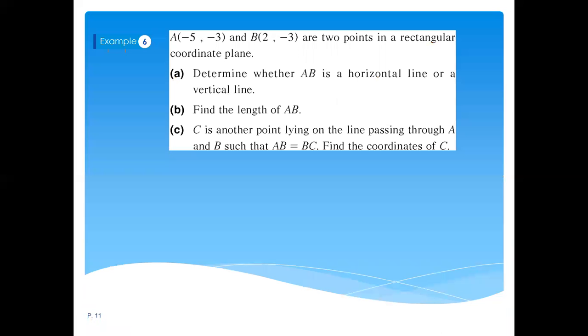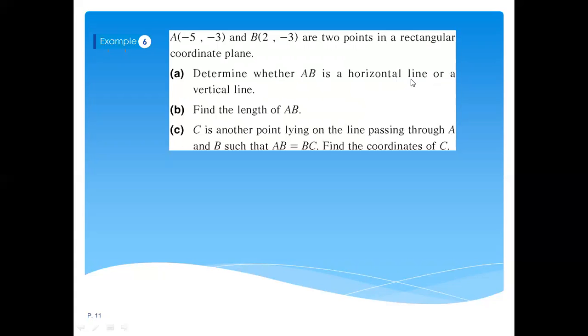Okay, then the next, question 6. Here we go to Chapter 8, coordinates. There are 2 points A, B, and part A. Determine whether AB is a horizontal line or a vertical line.